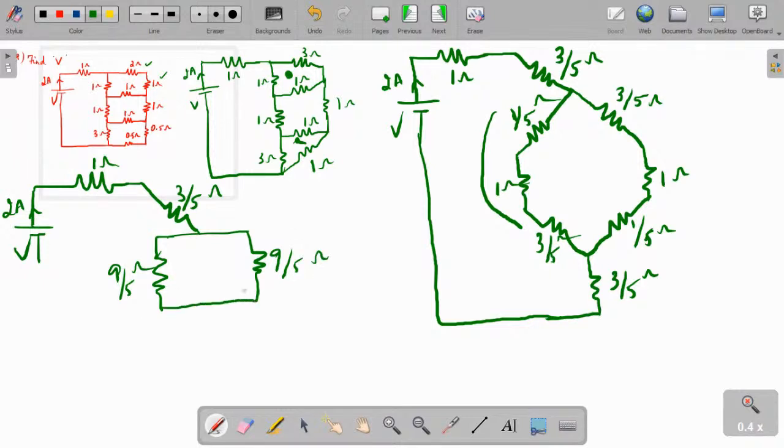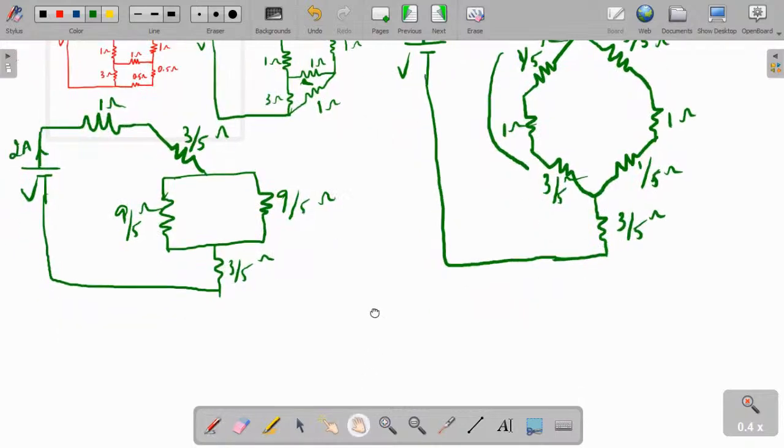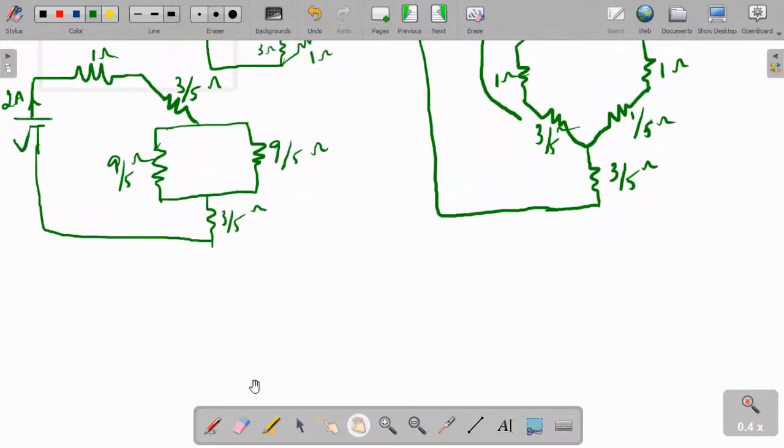And again this will be connected to 1 3/5 ohm. Right? So from this, again this 9/5 and 9/5 are in parallel. So we get 9/10 ohm.